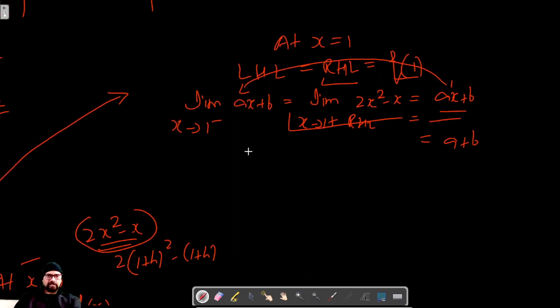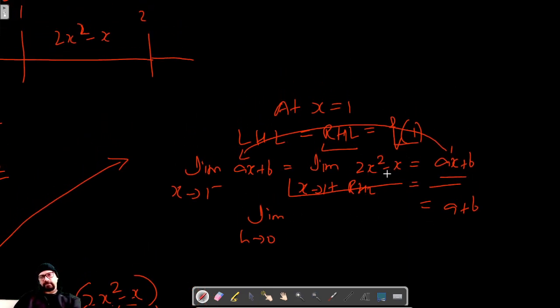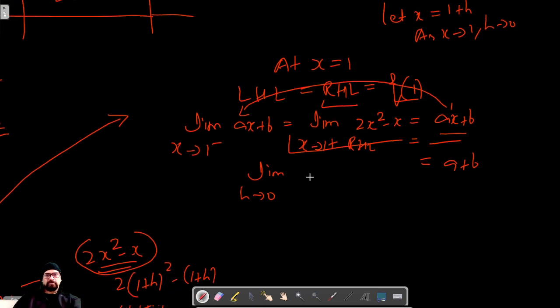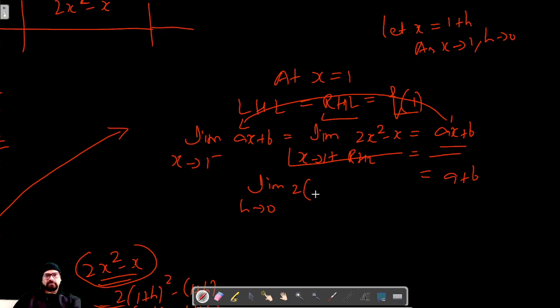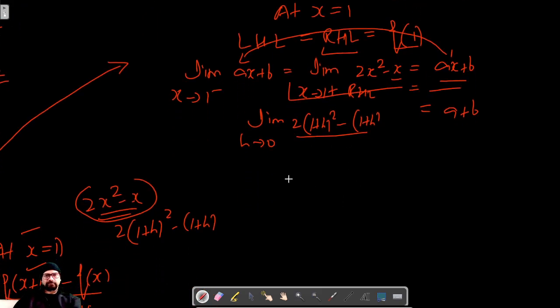For the right hand limit, let's say x is equal to a small value greater than 1. So as x tends to 1, h tends to 0. So this is h tends to 0, and this is 2 into 1 plus h the whole square minus x, which is 1 plus h.